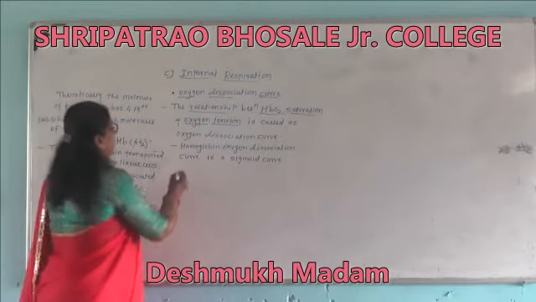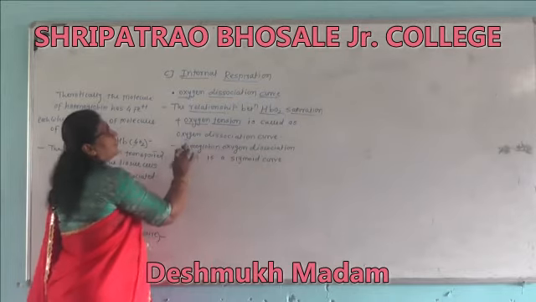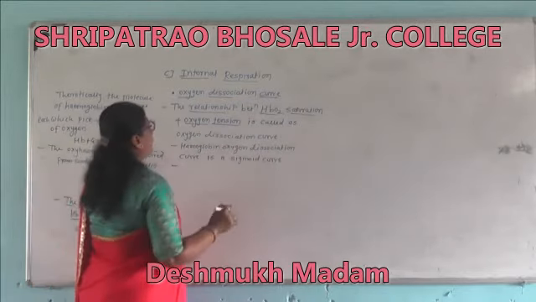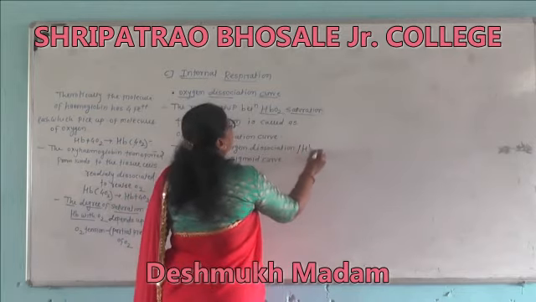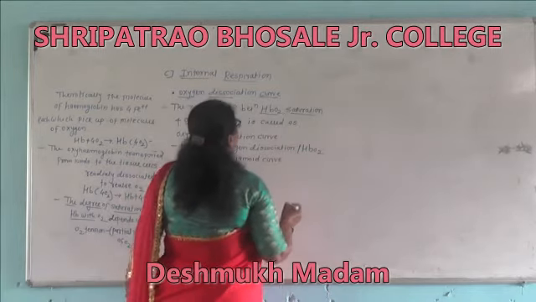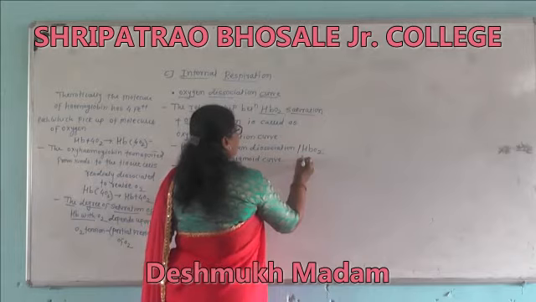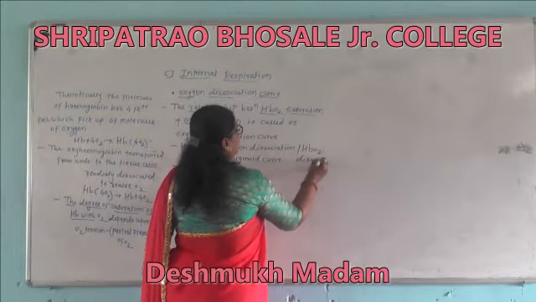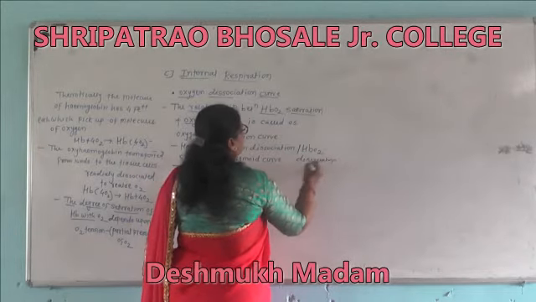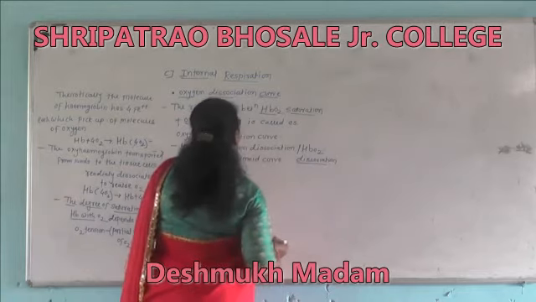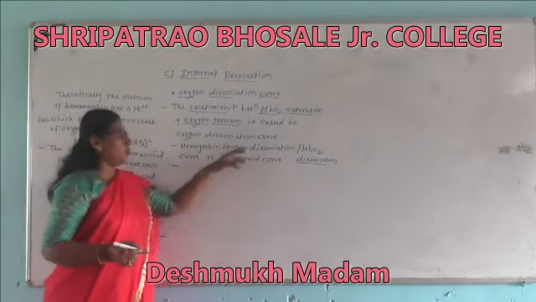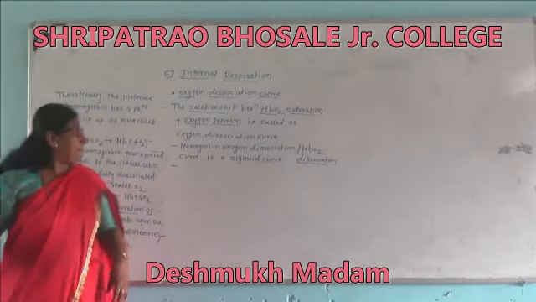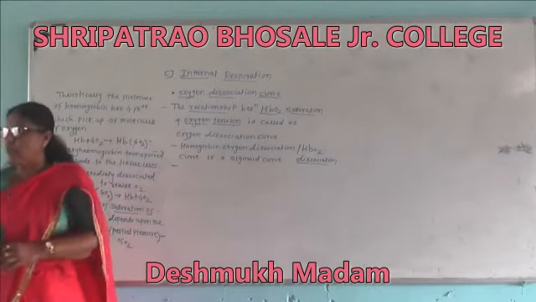The oxygen hemoglobin dissociation curve, that is the HbO2 dissociation curve, is a sigmoid curve.